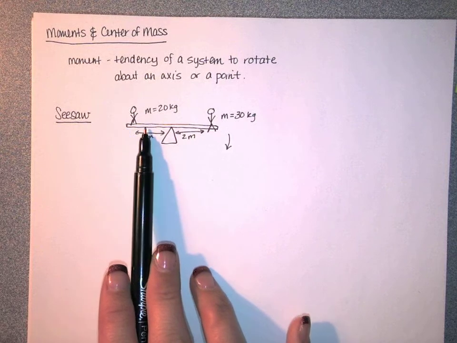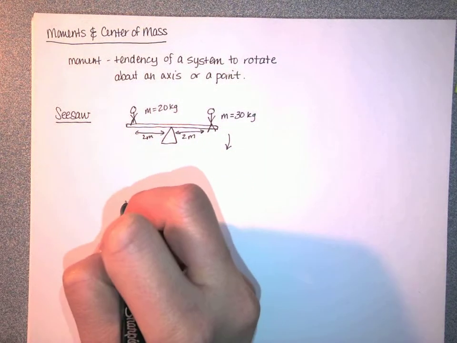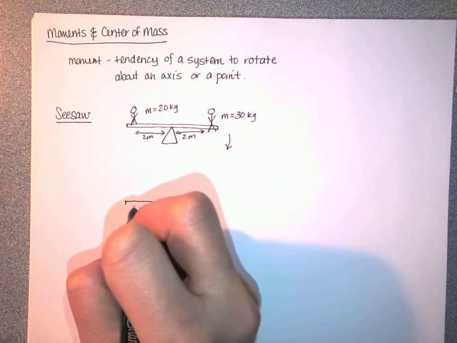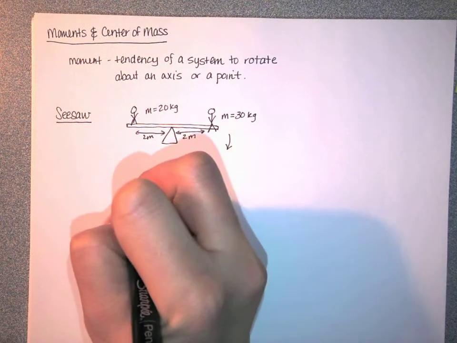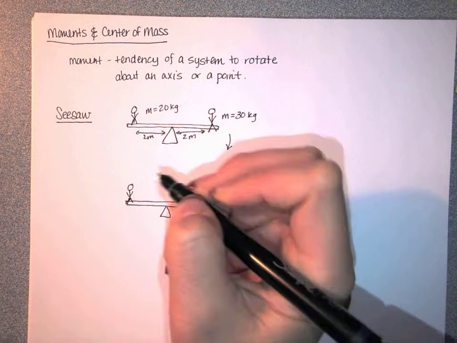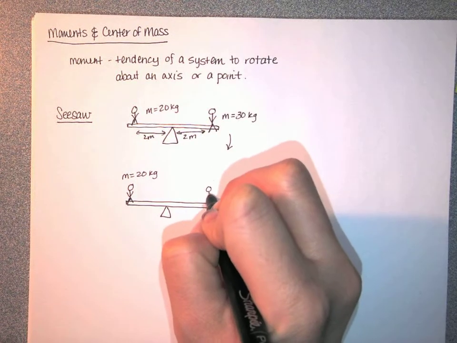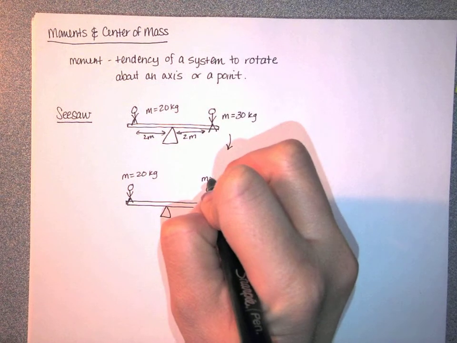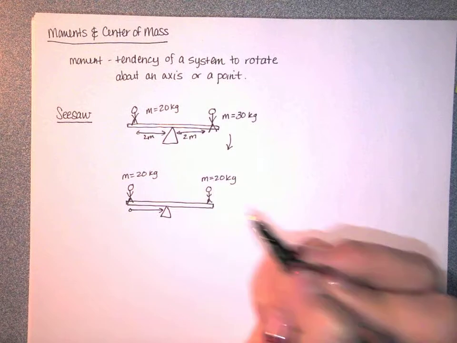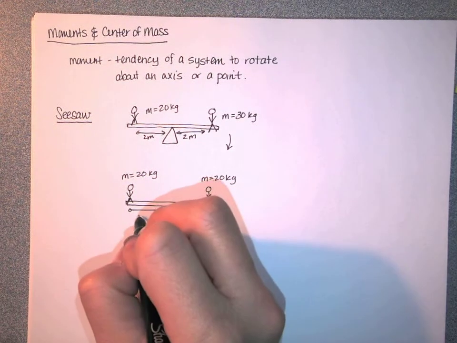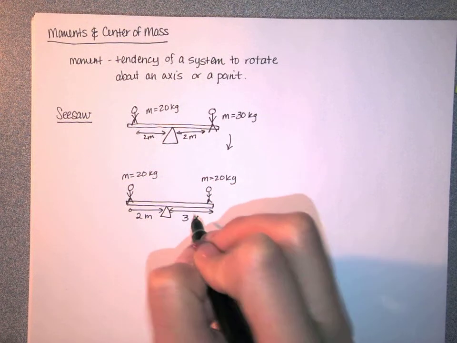But what if one of them was closer? What if you had 2 children that had exactly the same weight. This one has a weight of 20 kilograms, and this one has a weight of 20 kilograms. But this one is 2 meters from the center, and this one, this is not to scale, is 3 meters from the center.